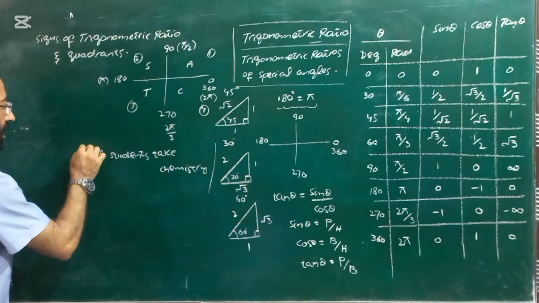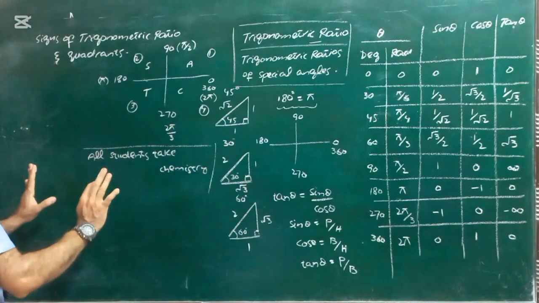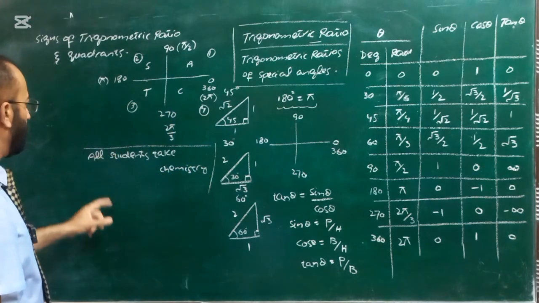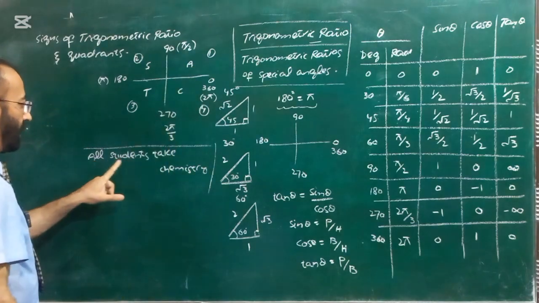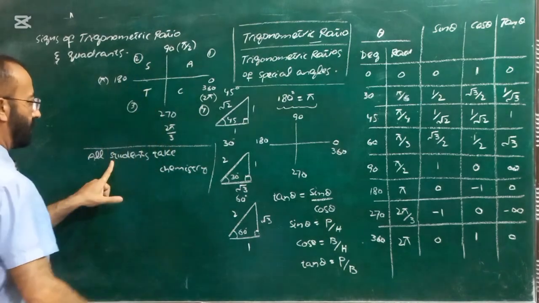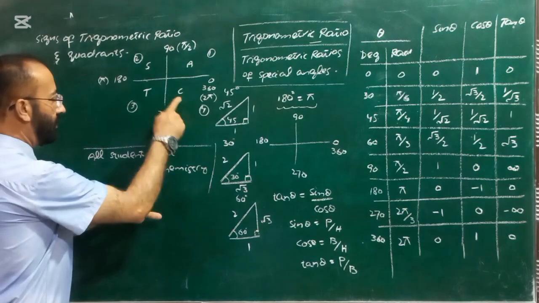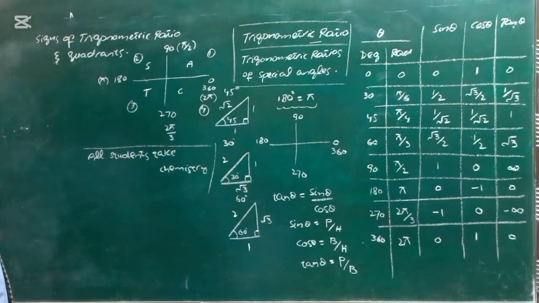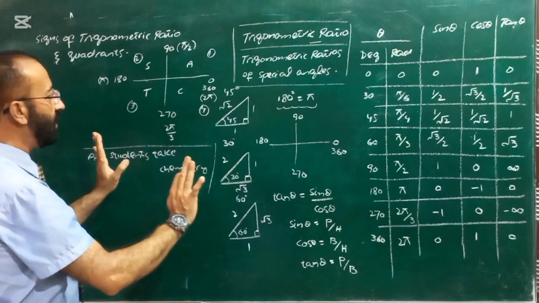If you learn it, then these quadrants will be easy for you to remember. So look now, first is all. So all. Then students, so from here we take S. So students, all students take T, chemistry, C. So first you have to learn this sentence, then these quadrants will be easy for you to remember.